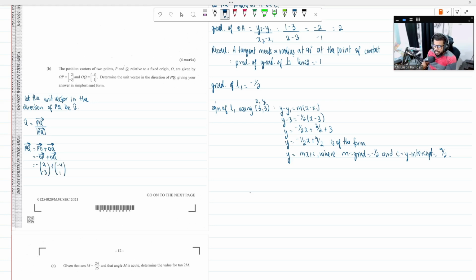So we can go ahead and add these two things together to get minus 2 minus 4 is minus 6. And this becomes plus 3, 3 plus 1 is 4. So minus 6, 4.